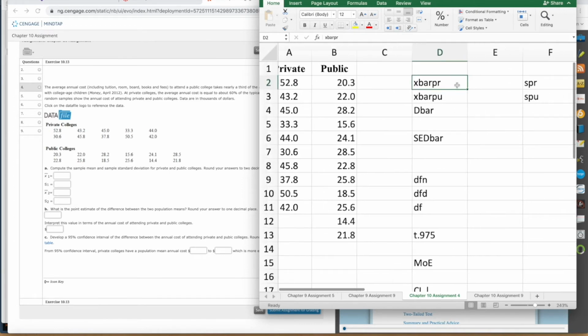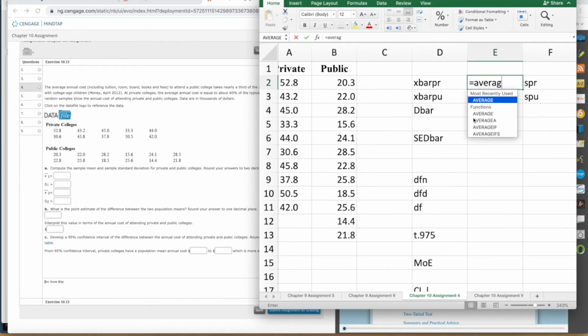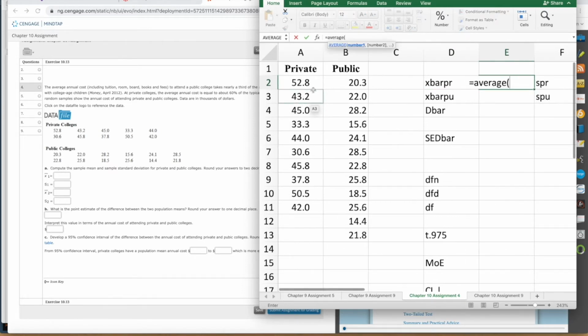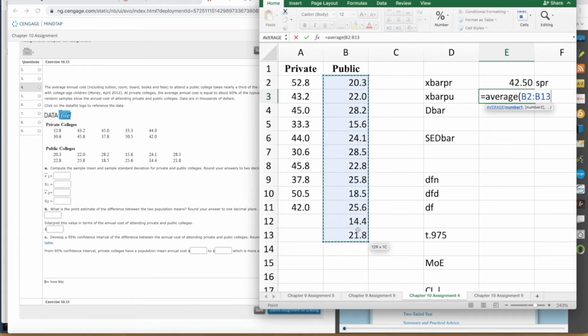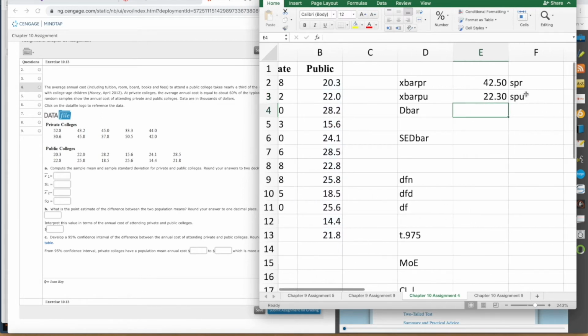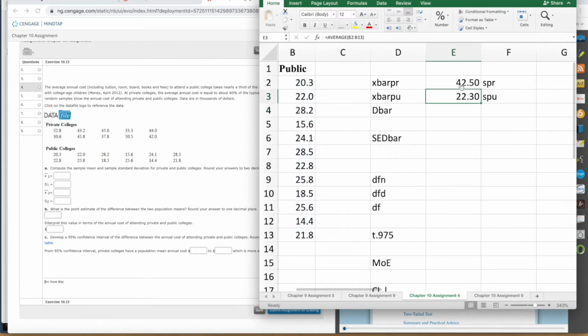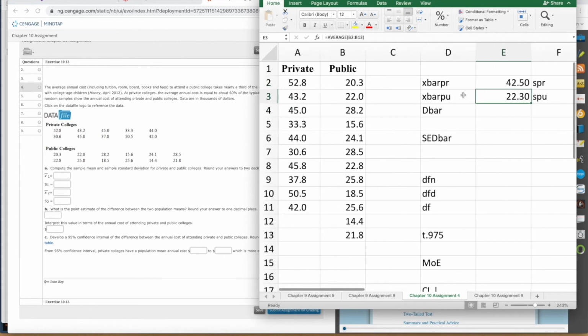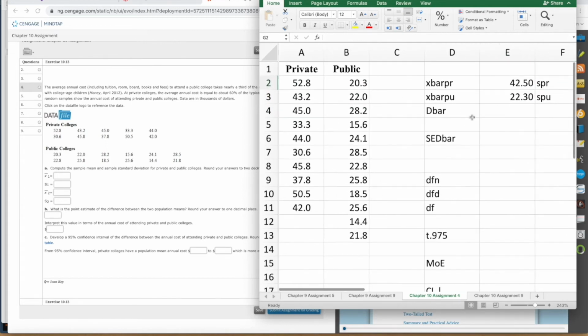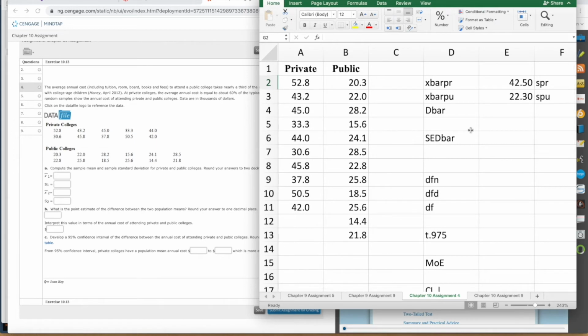I wrote X bar PR for private, the sample average from the private colleges. So we just type average, those numbers. So that's 42,500 per year. Now the average for the public colleges is 22,300 because those numbers are in thousands of dollars. So Weber State's obviously a sweet deal if those are real averages.